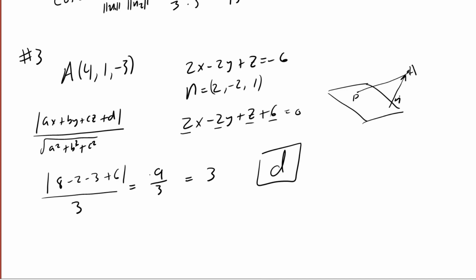This distance right here is just the component of the vector from P to A, PA, in the direction of n. It's the projection of PA onto n, and the length of that. And that's all this formula is.